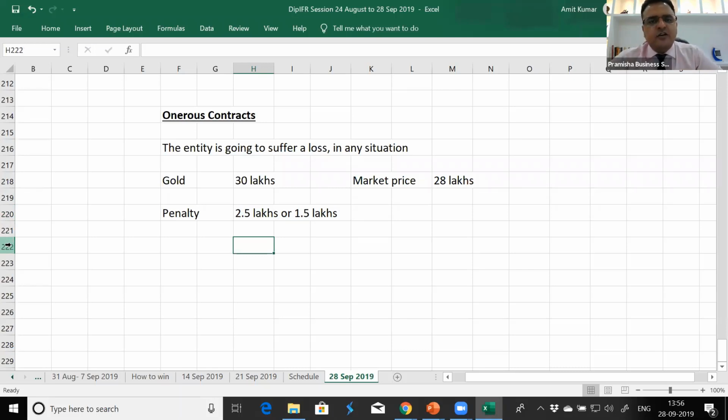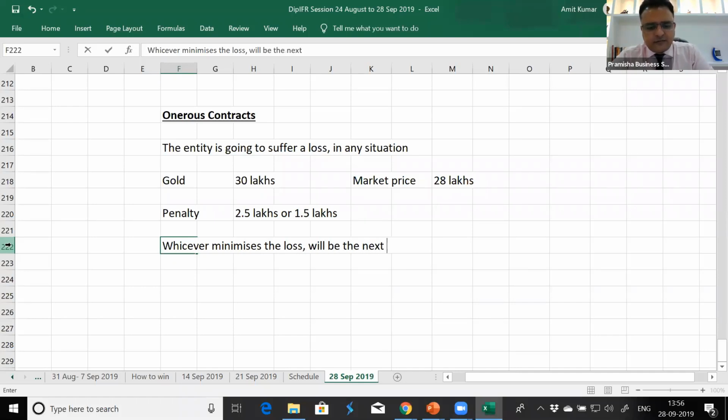If they don't entertain the order, they'll have to suffer a penalty. So in any situation, they'll have to bear the loss. So what is decided? Whichever gives them lesser loss, whichever minimizes the loss, will be the next action taken by management to minimize the loss.